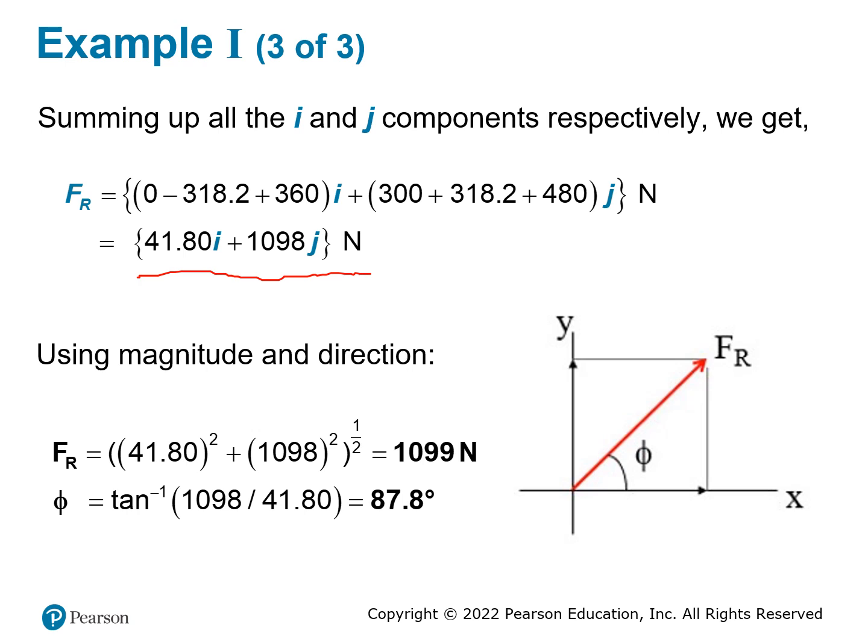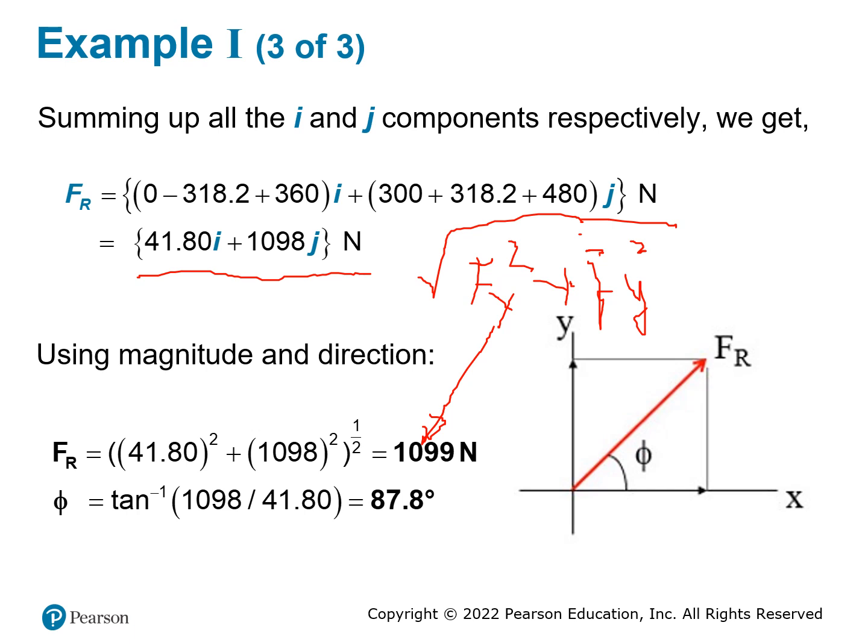You take the square root of Fx squared plus Fy squared, which is exactly what this is trying to do, and you get 1099 Newton.